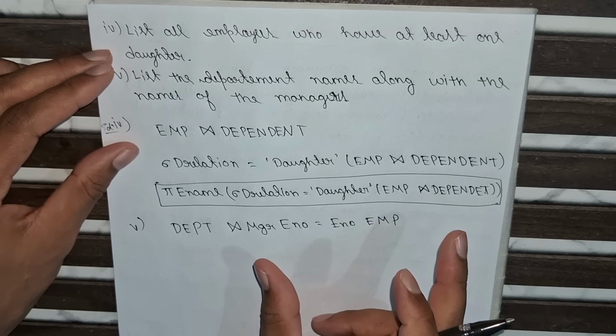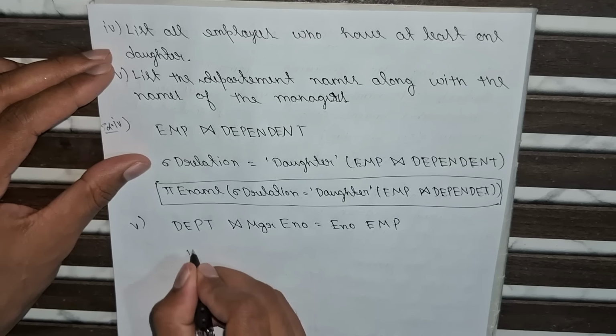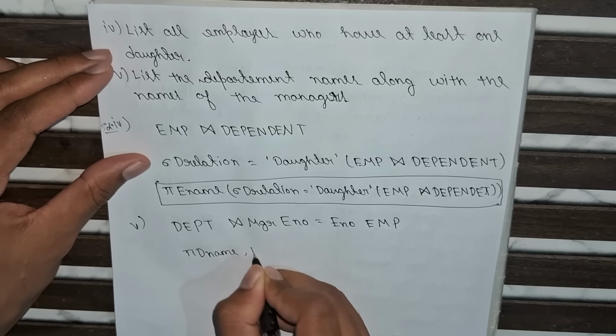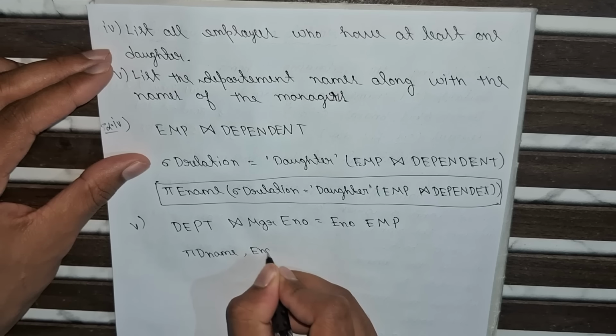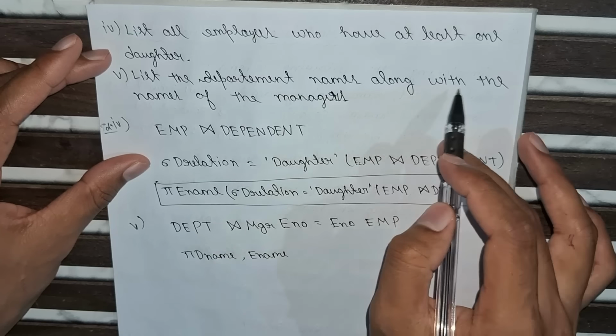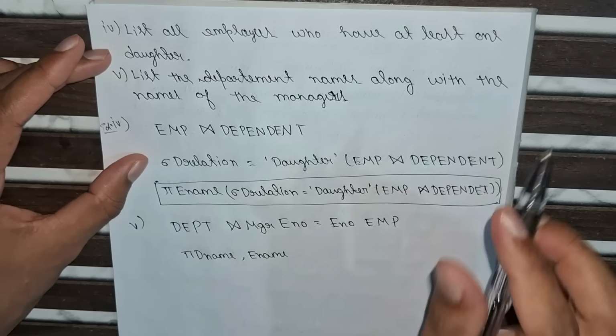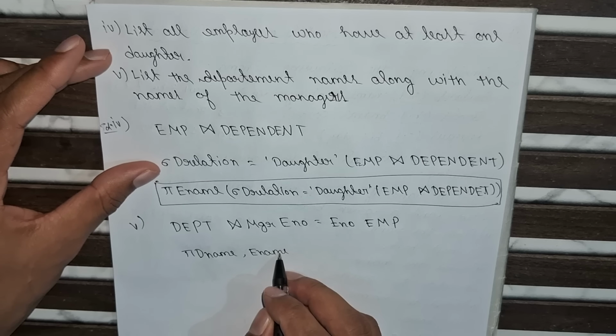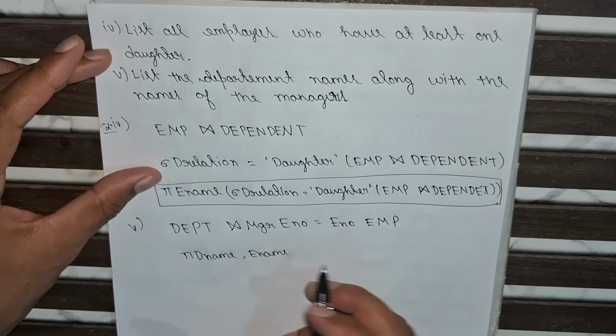So how we will do this? We directly do the projection here. Projection of department name comma e name. We will project both e name, because in the question it is asked list the department names along with the names of the managers. So we will do both department name along with the employee name, because managers are also employee.